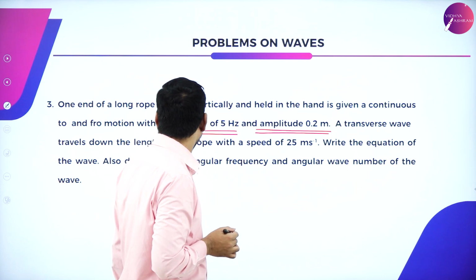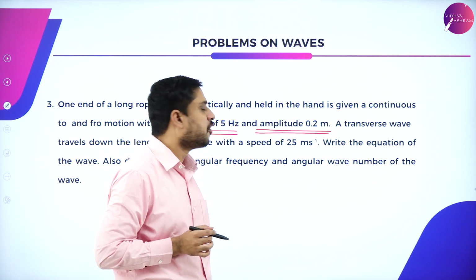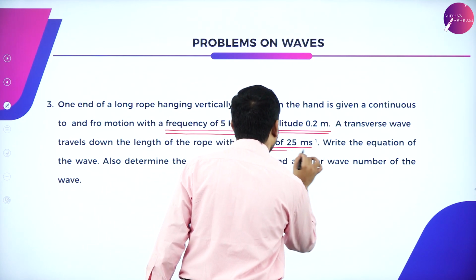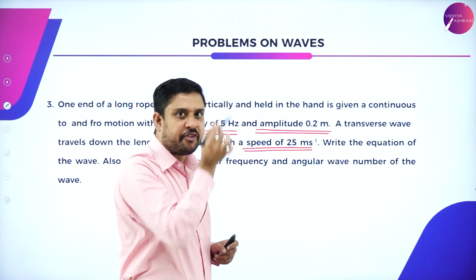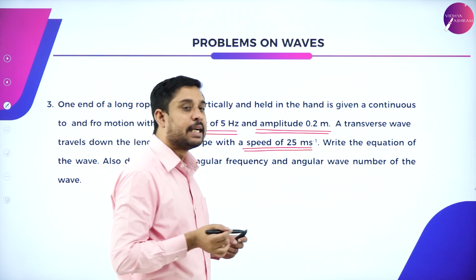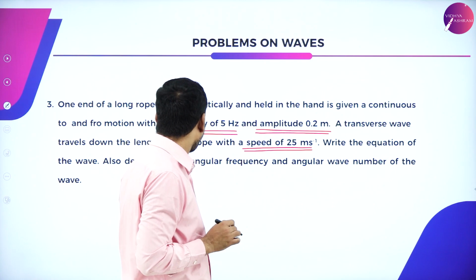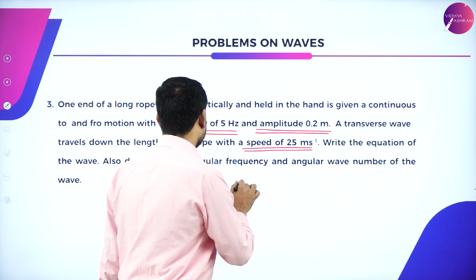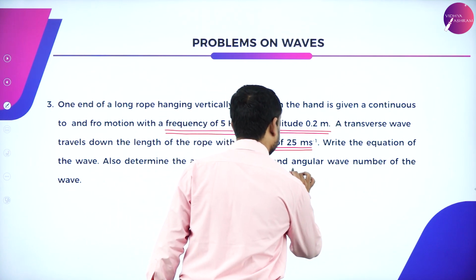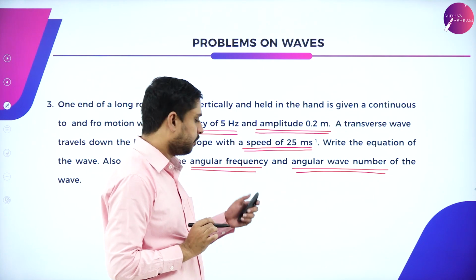A transverse wave travels down the length of the rope with a speed of 25 meter per second. Write the equation of the wave. Also determine the angular frequency and angular wave number.